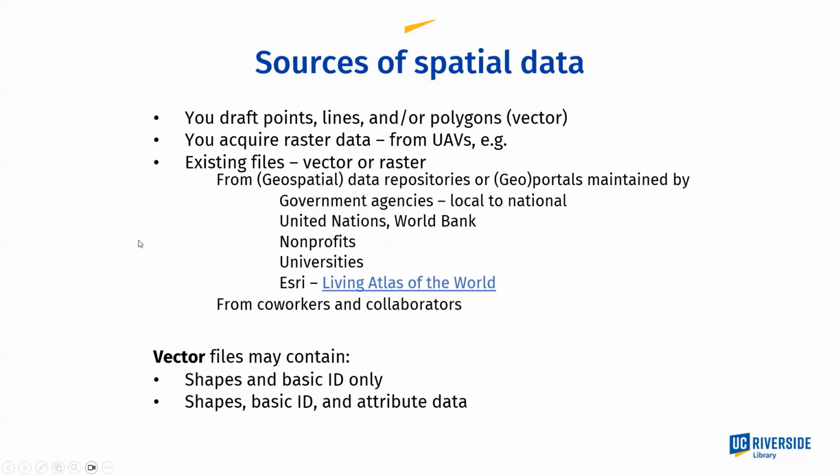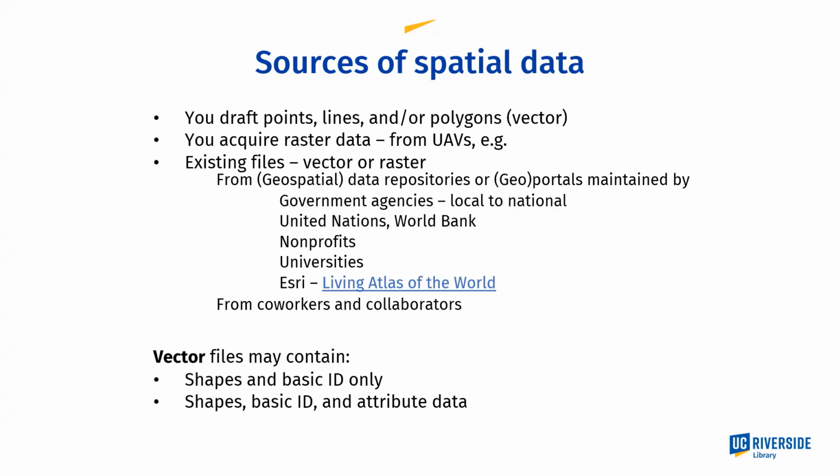So we've talked about vector and raster data, which are forms of spatial data. If you are starting out using a GIS, you need some data to put into your GIS, right? So where are you going to find that data? So that's what we're talking about on this slide. Well, to start with, if you are creating the data, nobody else has done this before, then you might be drafting those points, lines, and polygons as you go along, and just creating this information.